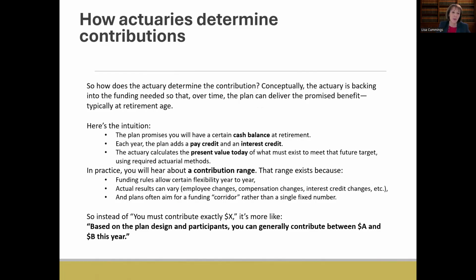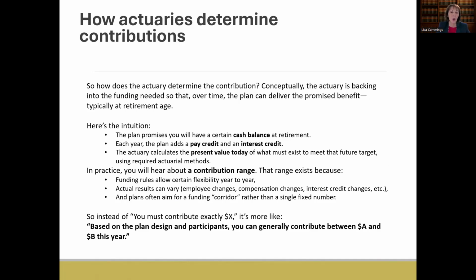Each year, the plan will add a pay credit and an interest credit for each plan participant. And the actuary will calculate the present value today of what must exist to meet that future target using actuarial methods. In practice, you will hear about a contribution range.